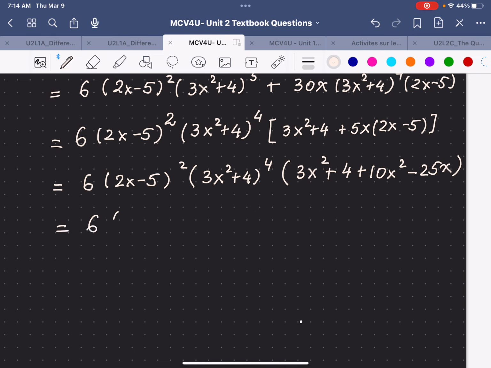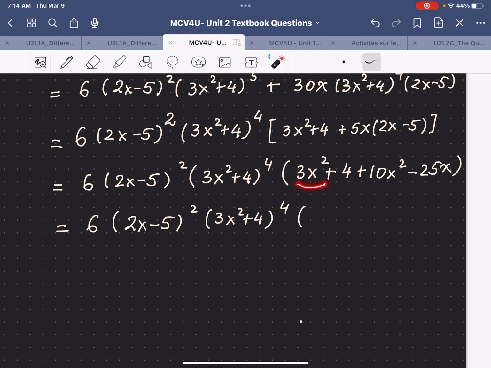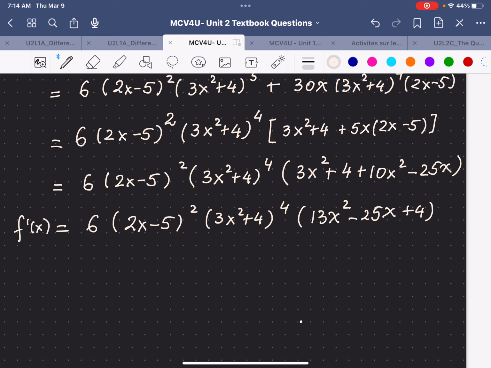So we have a 6. We have a 2x minus 5 squared. We have 3x squared plus 4 to the power of 4. And here in brackets, we have two like terms, which will join each other to make 13x squared minus 25x plus 4. And voila, this would be the derivative of the function f of x.